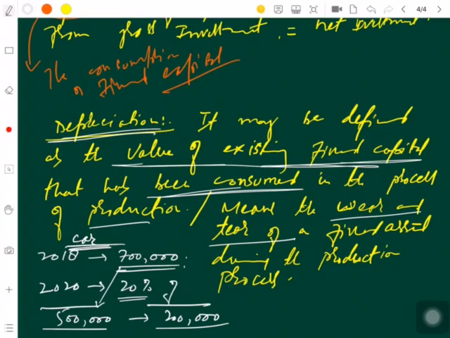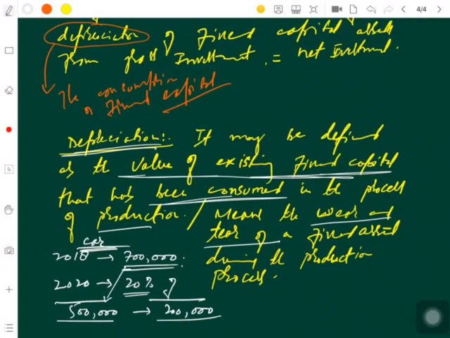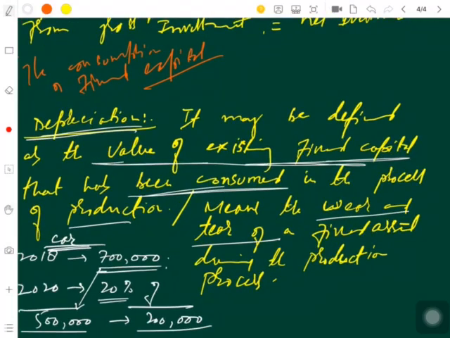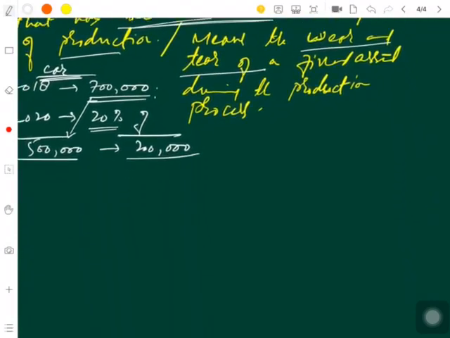After understanding depreciation, we will talk of one more important concept, that is called technological obsolescence. This is an important concept, please bear it in mind, and here we can complete these basic or common terms which we use in calculating national income.